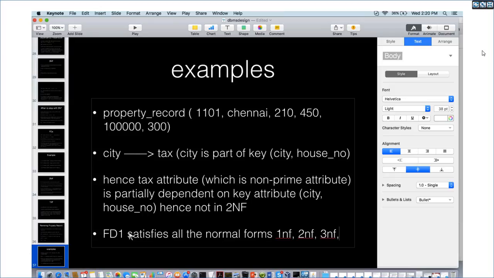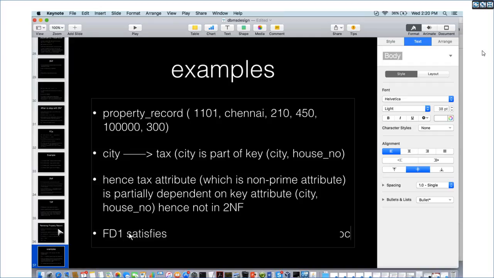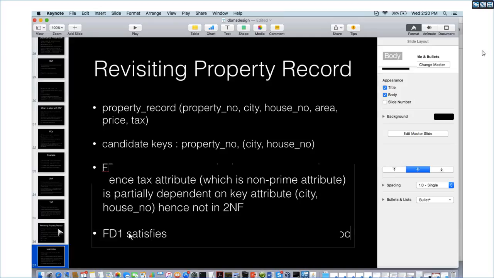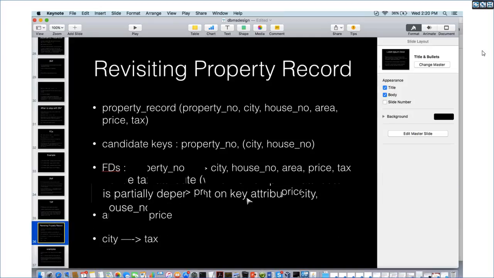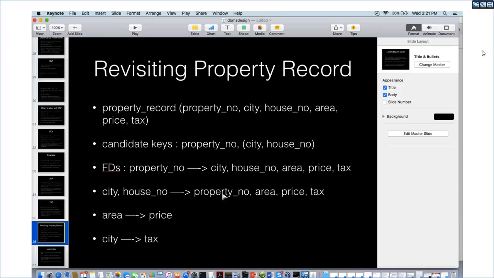Now look at FD2. City and house number determine area, price, and tax. City and house number is a key. Since the key attribute fully determines all other non-prime attributes, it is in second normal form. Since all of them are atomic, first normal form is satisfied.